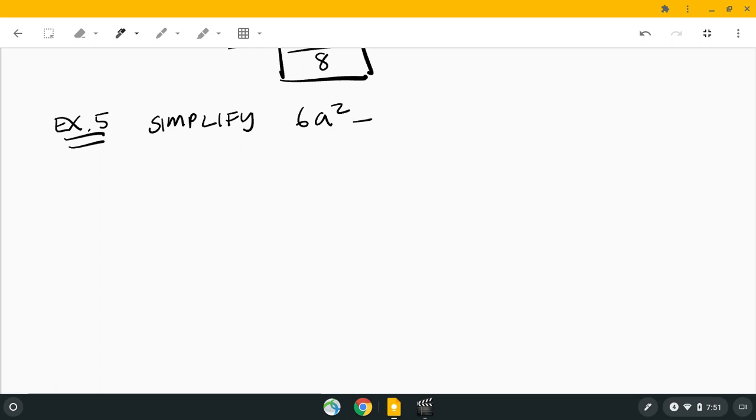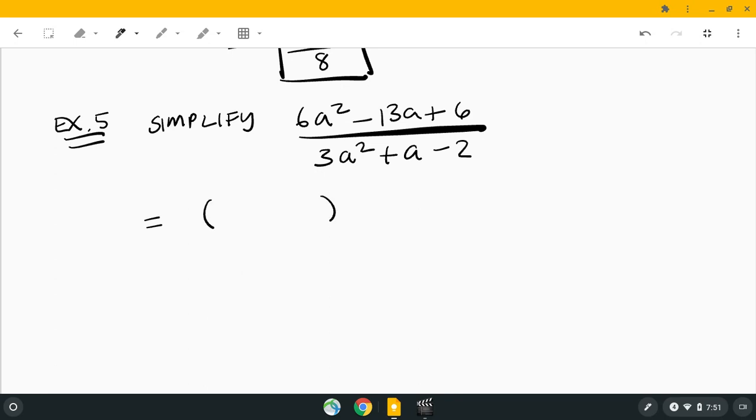6a squared minus 13a plus 6 over 3a squared plus a minus 2. All right, so let's factor this completely. I think we did this one previously, right?